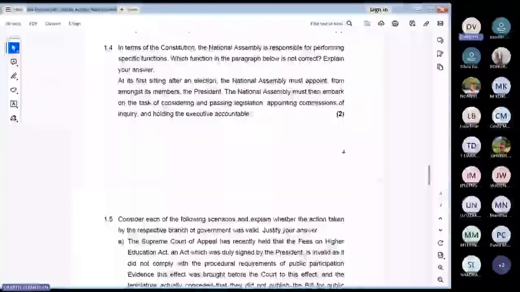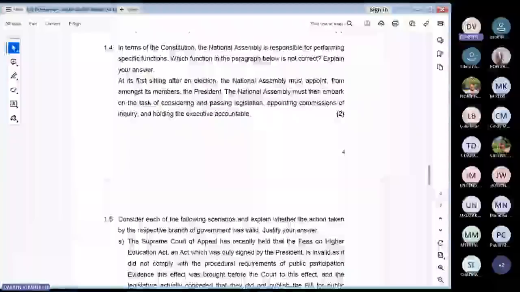So we've got three options. The first one they've listed is the National Assembly must embark on passing legislation, appointing commissions of inquiry, and holding the executive to account. Right.